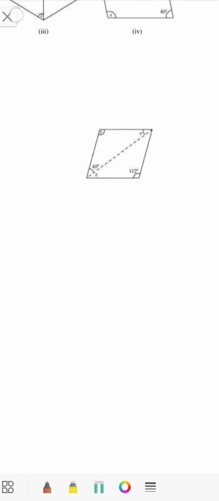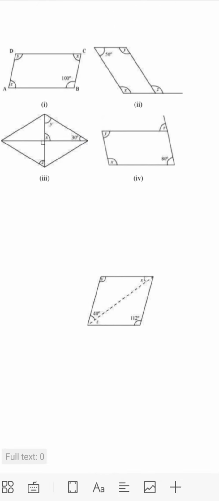Here, what are the steps? You will follow the properties and look at this: this is a parallelogram. If this is a parallelogram, that means you can apply all the properties of a parallelogram.